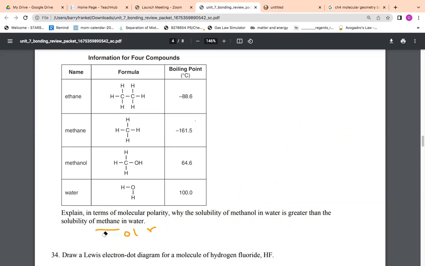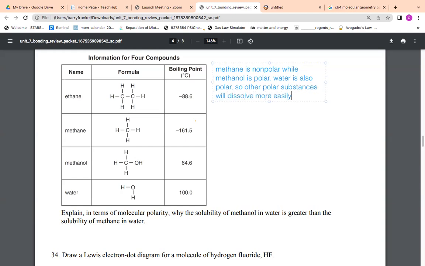Hold on while I erase. This makes my life easy. Okay, so methane is nonpolar while methanol is polar. Water is also polar. So other polar substances will dissolve more easily in it. And done. That is a good explanation.